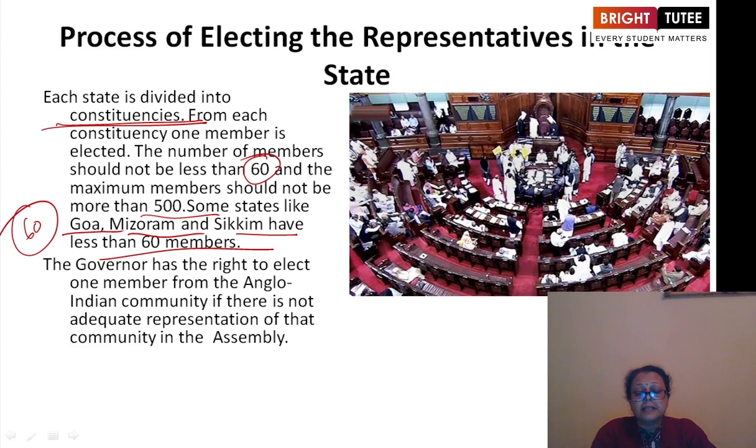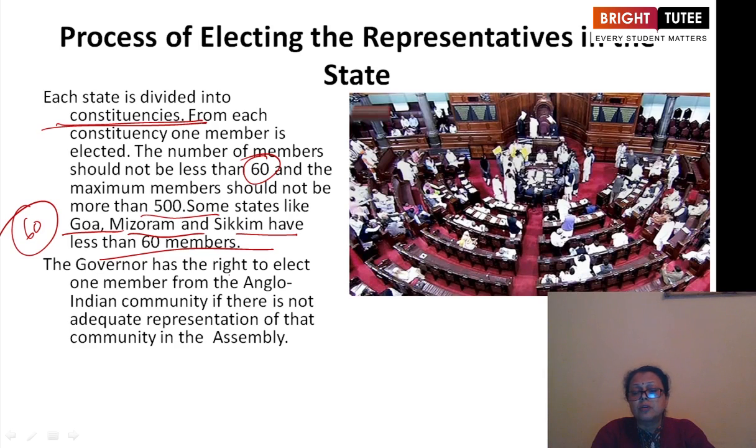The governor has the right to nominate one member from the Anglo-Indian community if there is no adequate representation of that community in the assembly. This is the power of the governor to appoint from the Anglo-Indian community. Suppose they did not get elected during the election process, and the governor feels that the Anglo-Indian community is missing out, then he has the power to nominate.